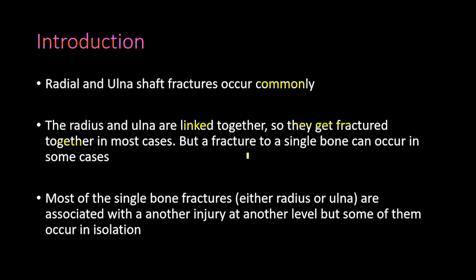But a fracture to a single bone can occur in some cases. Now, most of the single bone fractures, so it is either a fracture to the radius or a fracture to the ulna, are associated with another injury at another level. But some of them occur in isolation.